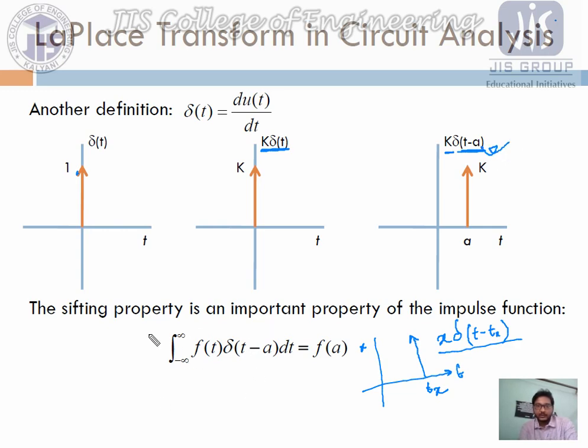And for the mathematical equation, just like the previous one, the integration from minus infinity to plus infinity of f of t delta of t minus a dt is equal to f of a. That is the function for the impulse function.